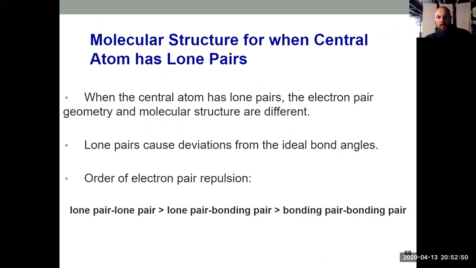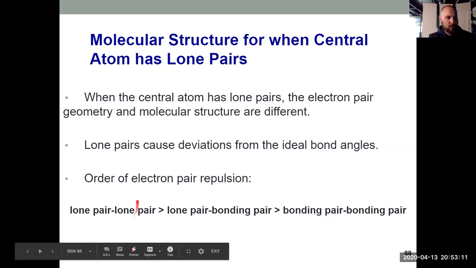But now we're going to think about when the center atom does have lone pairs, because now the electron pair geometry and the molecular structure are not the same. They're different things, because when we have those lone pairs, they cause deviations from our ideal bond angles. The reason for that is because lone pairs of electrons take up extra space.